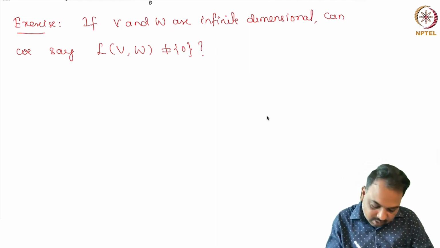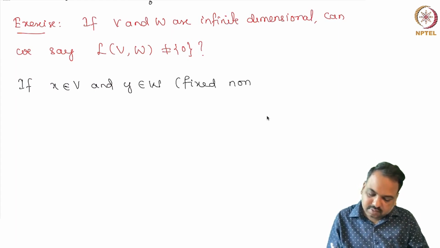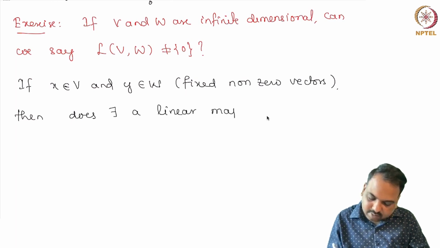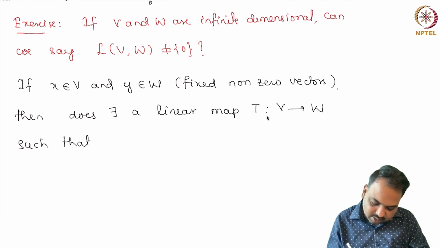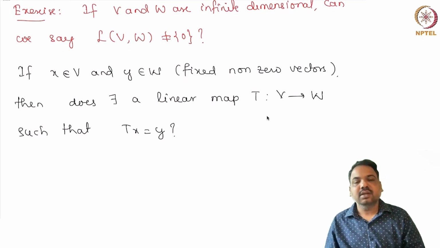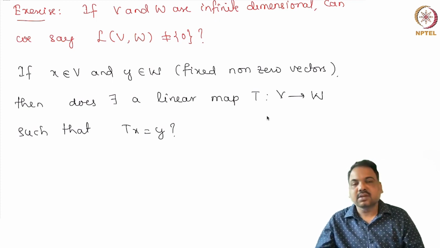So this is another way of putting it: if x is in V and y is in W are fixed vectors, does there exist a linear map T from V into W such that T(x) = y? If we can answer this question, then we can conclude that L(V,W) is non-zero. This is one way of answering the question. There may be other ways also, because our aim is to get a linear map which is non-zero.